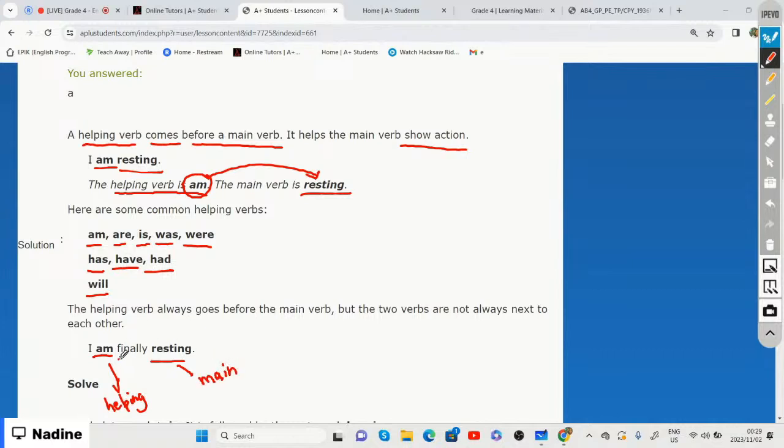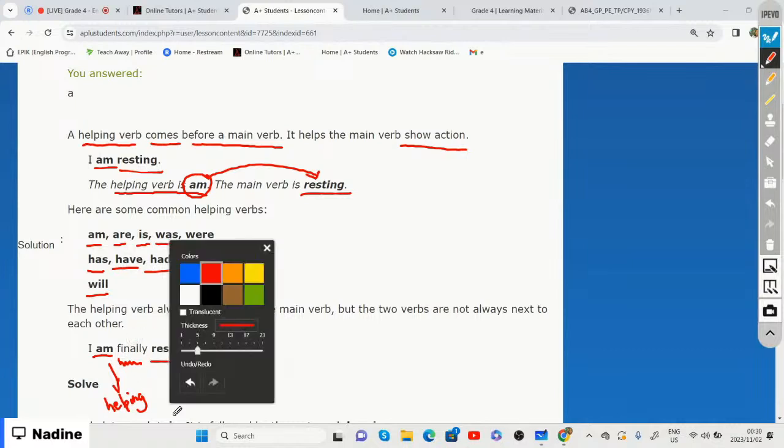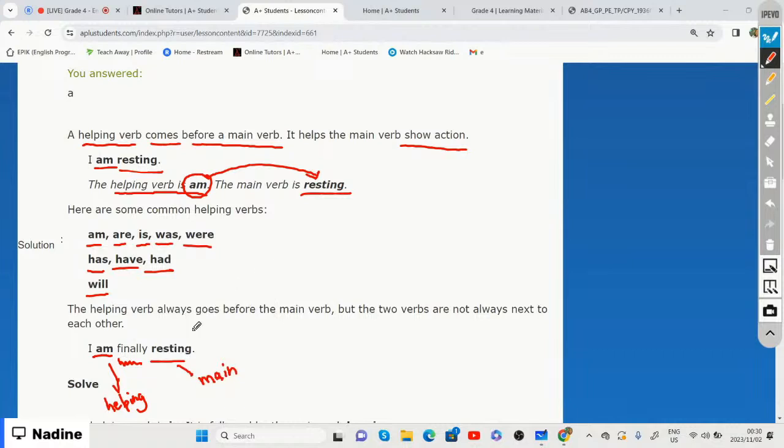Then we have finally. This word finally tells us about the word resting. It describes the resting. But still, here we have our helping verb, which is am, and our main verb, which is resting.